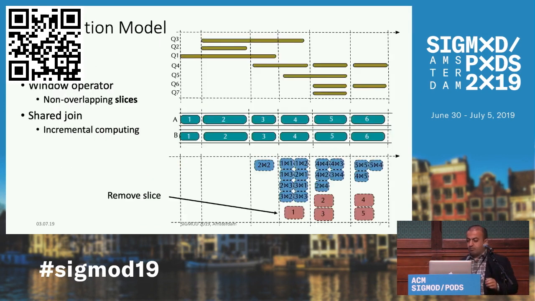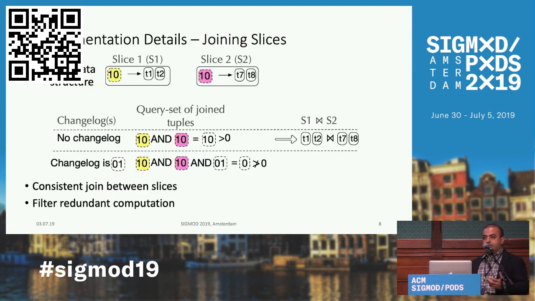Okay, so one more thing. We talked about the shared join, but how does the join operation happen between slices? For example, how do we join slice 2 with slice 2 from A and B? So the main intuition is that we group tuples inside slices based on their query set IDs.